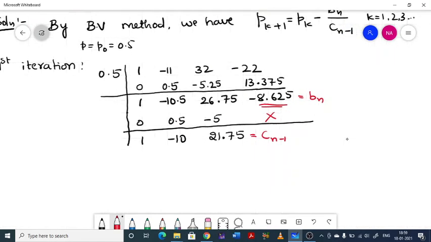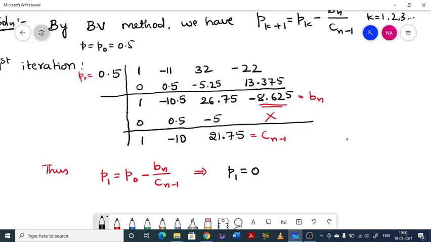So you got p0, and bn and cn minus 1. Thus p1 will be p0 minus bn divided by cn minus 1, that is p1 equal to p0, that is 0.5, minus bn, that is minus 8.625, divided by cn minus 1, 21.75.